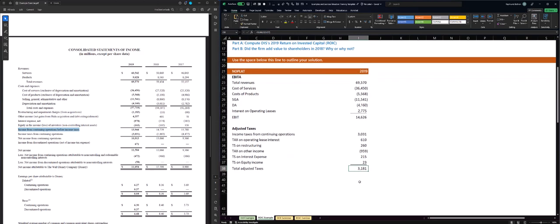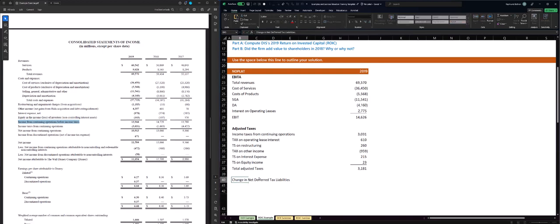Remember that we decrease this later on. Well, next thing is change in net deferred tax liabilities. Net, I should say change in net deferred.